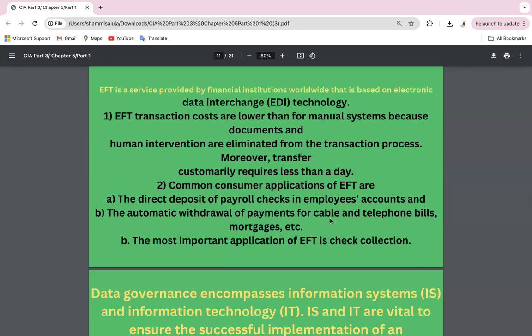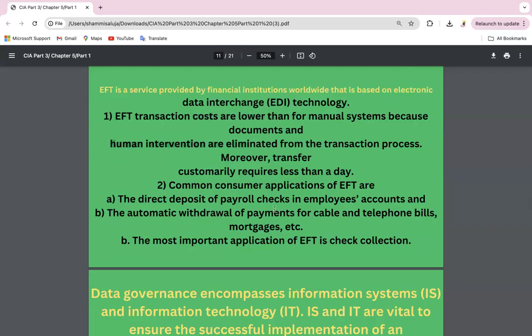After electronic data interchange, there comes EFT, electronic fund transfer. This is basically a service which is provided by most of the banking companies and financial institutions in this contemporary era, wherein the cost is much lower than the manual system because there is no human intervention involved.